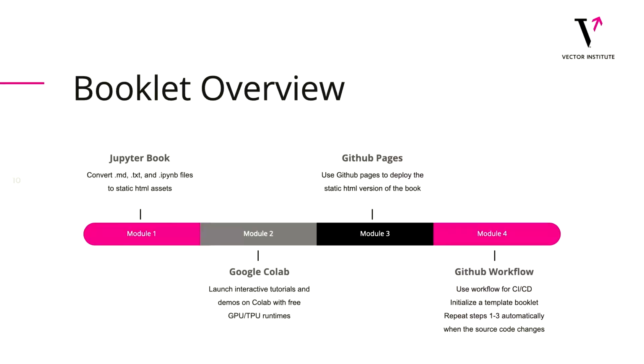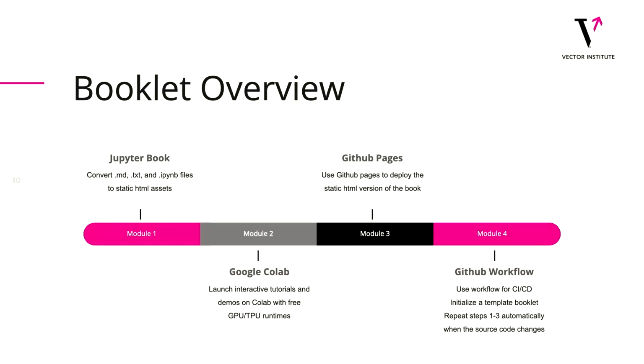So for the Booklet project, we are merging 4 different components. The Jupyter Book, which is basically a combination of notebooks and documentation that we have compiled in HTML format, like a static format that you can deploy.